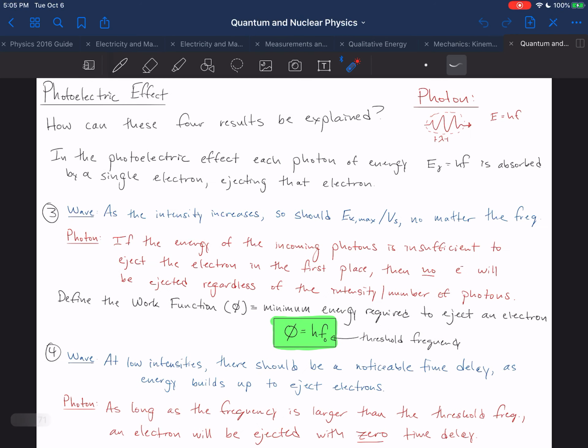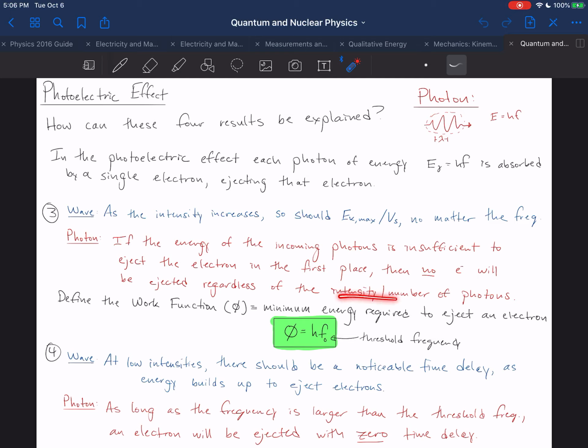All right, what about our third result? Well, on the wave theory, as the intensity increases, so should the maximum kinetic energy and stopping voltage, no matter the frequency, for the reasons we discussed in number 2. But on the photon theory, if the energy of the incoming photons is insufficient to eject the electron in the first place, then no electrons will be ejected regardless of the intensity or the number of photons sent.